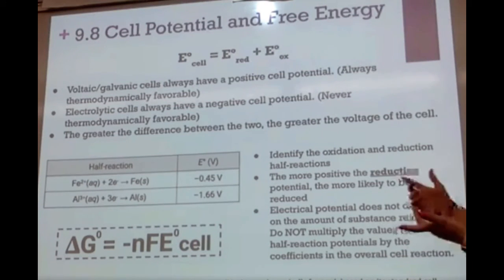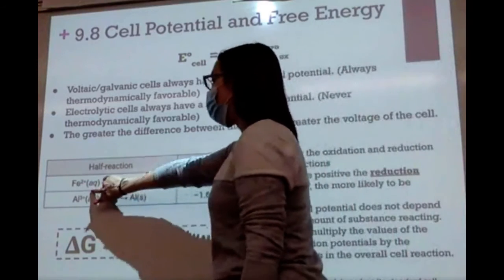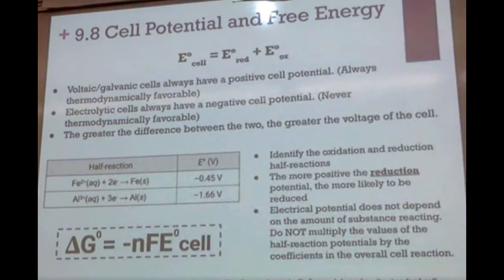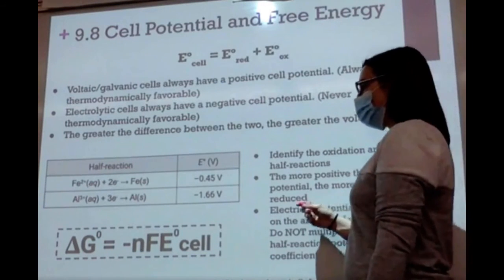When we're looking at cell potential, we have to identify the oxidation and reduction half reactions. We are always, always, always given reduction half reactions. They always give us reduction potentials. The more positive the reduction potential, the more likely that substance is to be reduced.